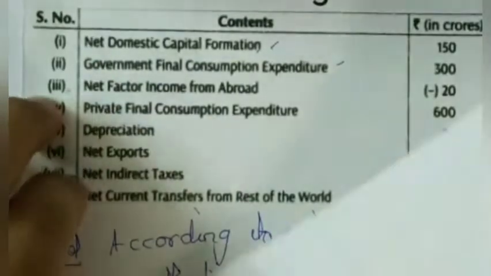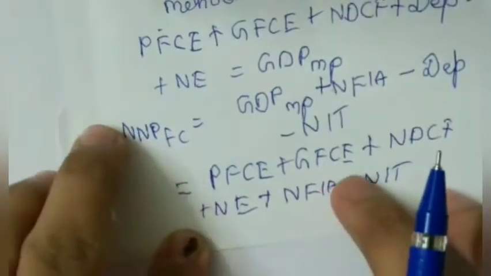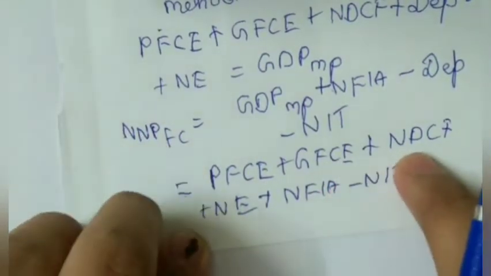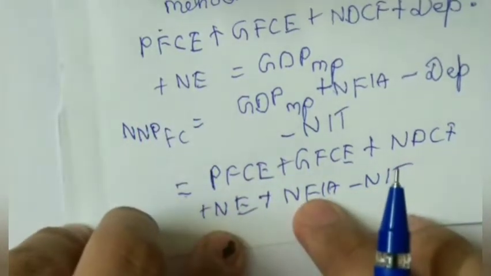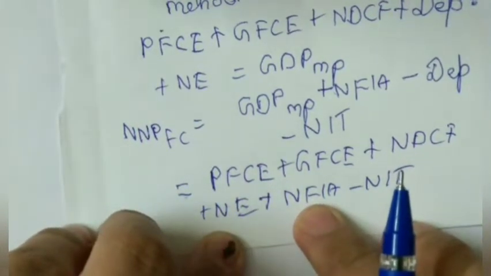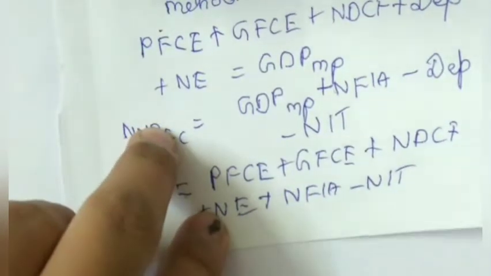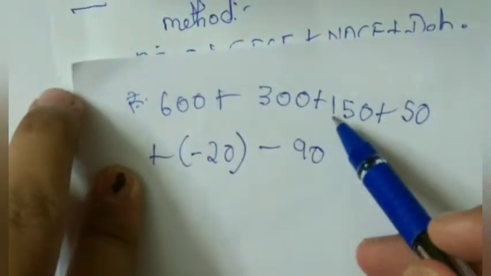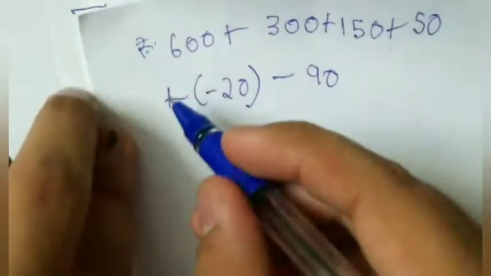So what did we calculate? Private final consumption expenditure plus government final consumption expenditure plus net domestic capital formation plus net exports plus NFIA minus net indirect taxes. So 600 plus 300 plus 150 plus 50 minus 20 minus 90.